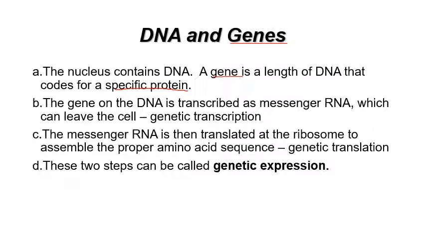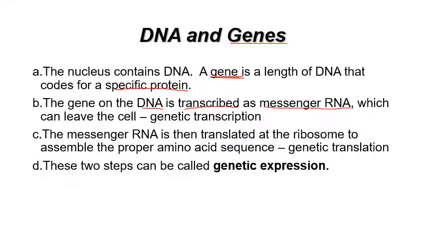So there are thousands of genes, and we produce thousands and thousands of proteins. Okay. Then, like we said, the first step in making a protein is the DNA. That gene, that portion of the DNA, first gets transcribed into messenger RNA.